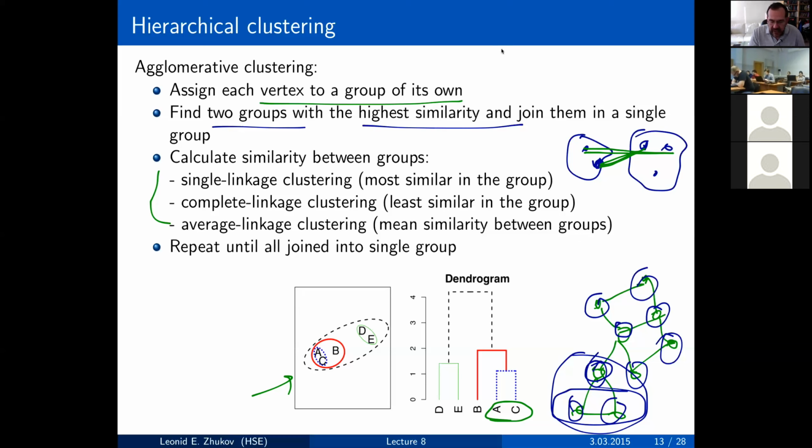Then we again keep comparing every node with every other node or pair, and we found that B is in fact more strongly connected to AC than anything else.